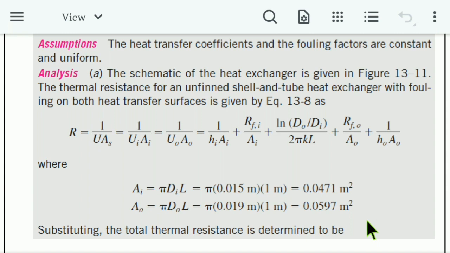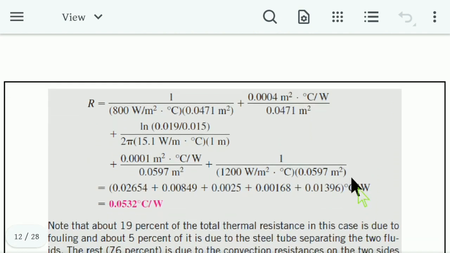Substituting, the total thermal resistance is determined to be R equals 1 by 800 watt per meter square degree Celsius times 0.0471 meter square, plus 0.0004 meter square degree Celsius per watt divided by 0.0471 meter square, plus ln(0.019 divided by 0.015), the values of D outer and D inner, divided by 2 pi times 15.1 watt per meter degree Celsius times 1 meter, plus the fouling factor for the outer surface 0.0001 meter square degree Celsius per watt divided by 0.0597 meter square, plus 1 divided by 1200 watt per meter square degree Celsius times 0.0597 meter square.